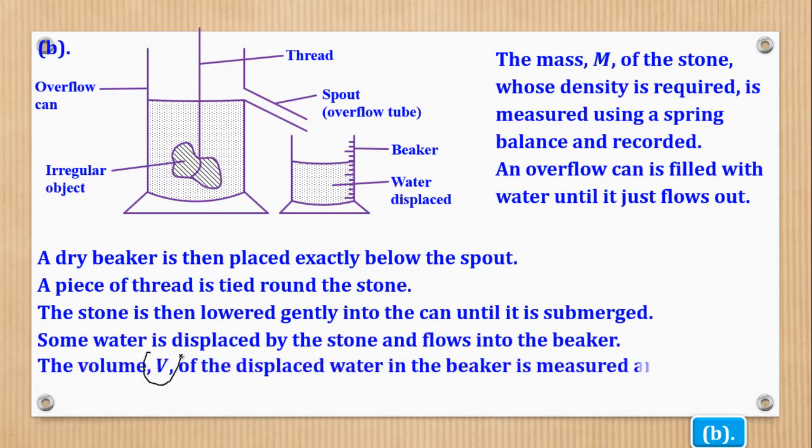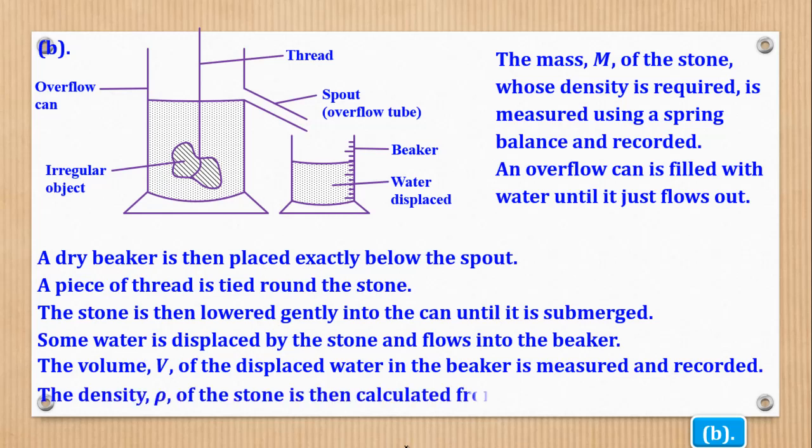The volume V of the displaced water in the beaker is measured and recorded. The density rho of the stone is then calculated from mass over volume. So basically that is a simple laboratory experiment used to measure density of a stone.